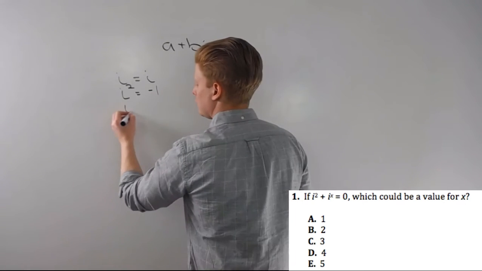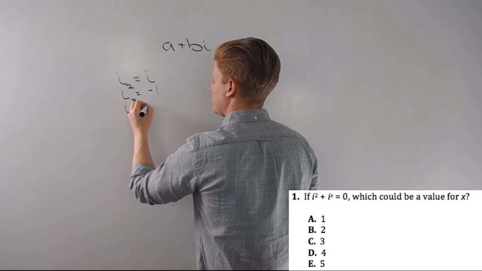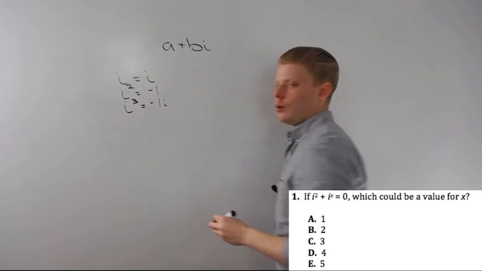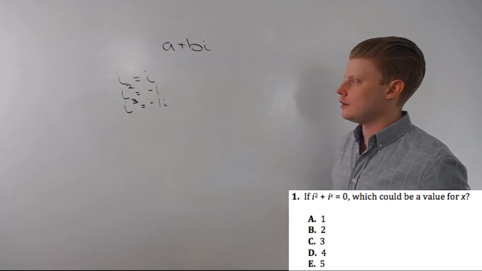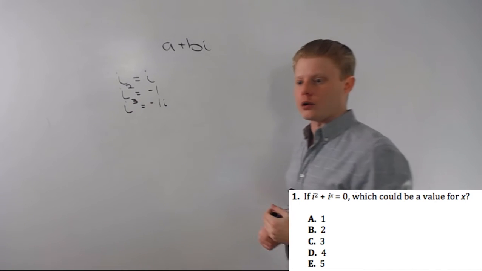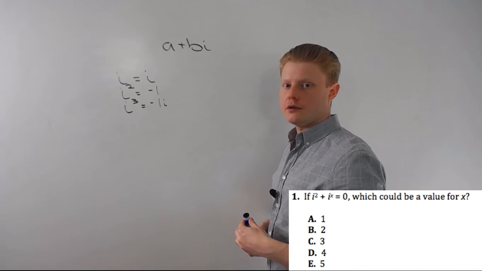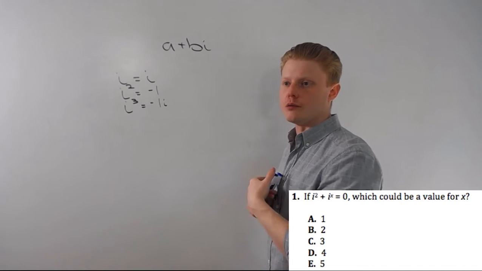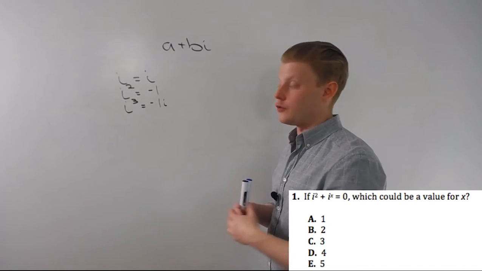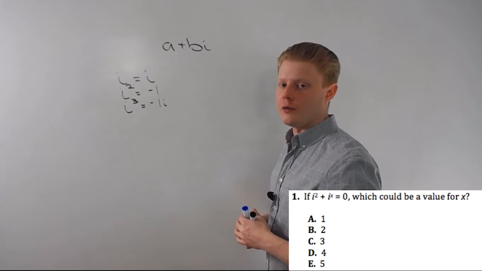I cubed is equal to -1 times I, and so on and so forth. Once I is to a power greater than 1, you have to start factoring out these -1s. If it's to an even power, you can remove all the I's from that term at least.